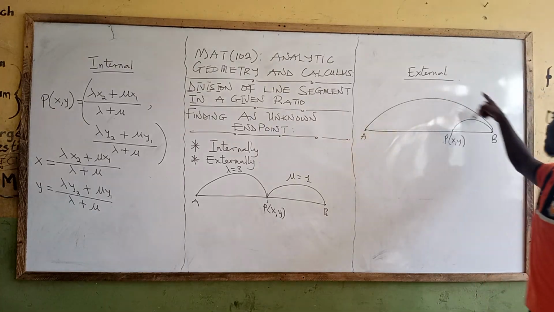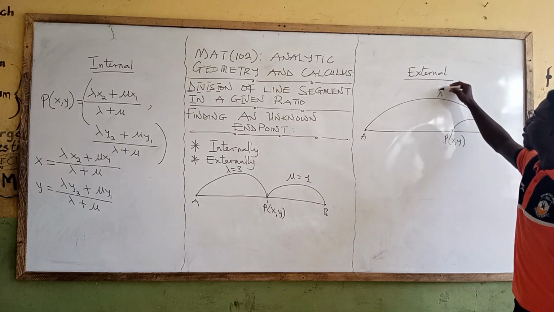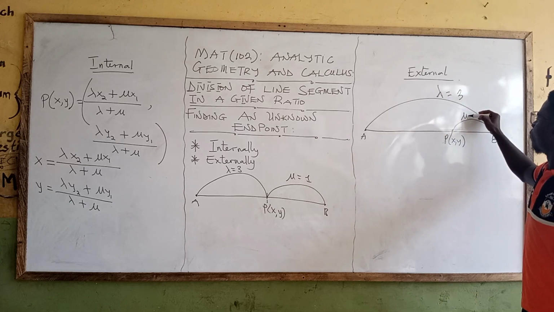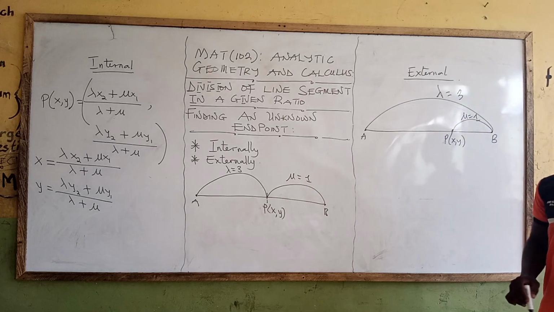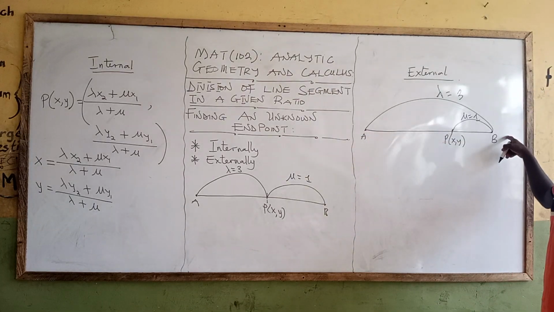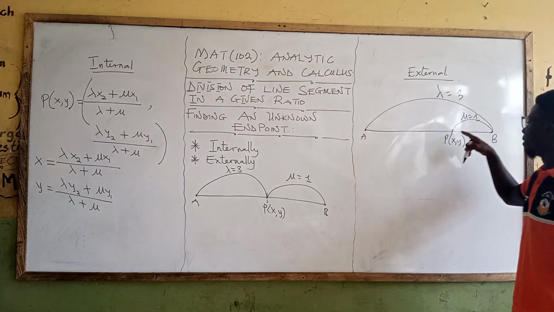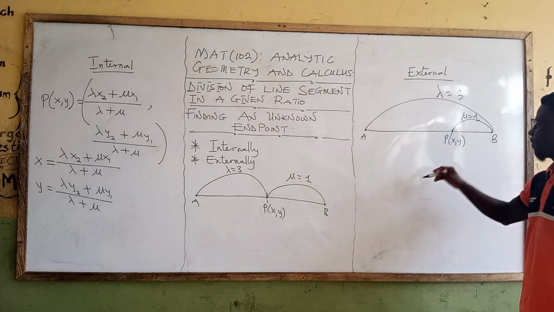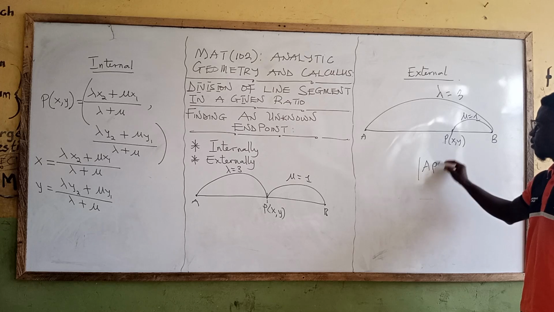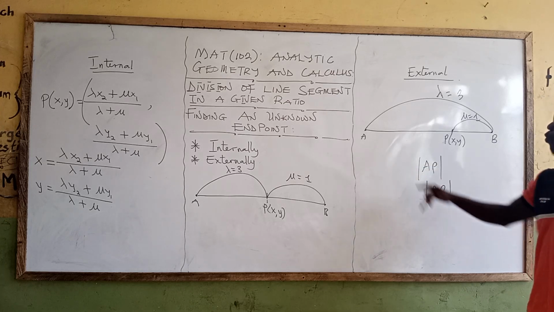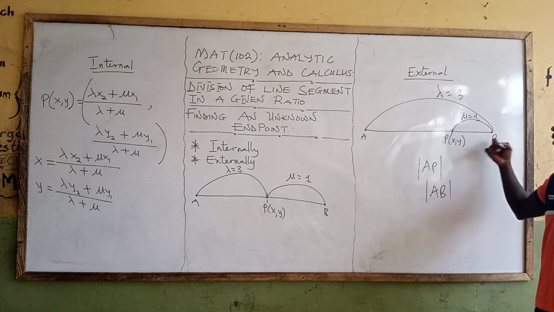So I get AB in the ratio lambda equals, let's say, 3, then mu equals, let's say, 1. So I have the length of AP and the length of AB.